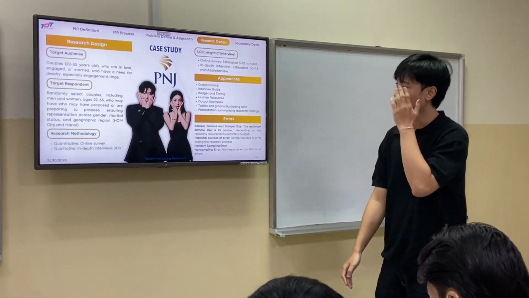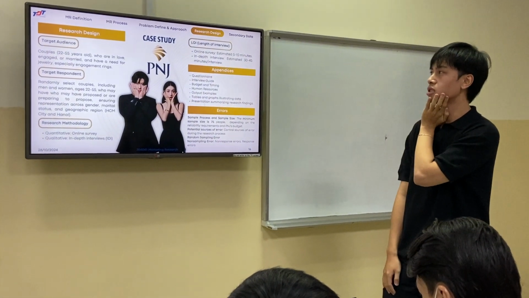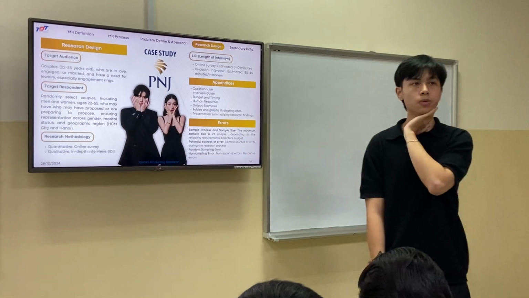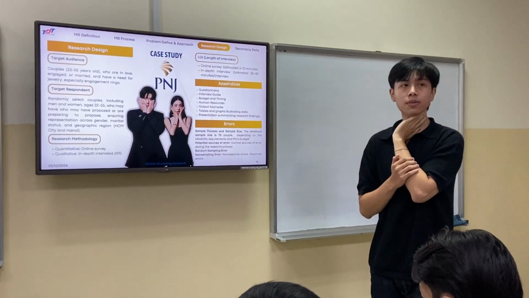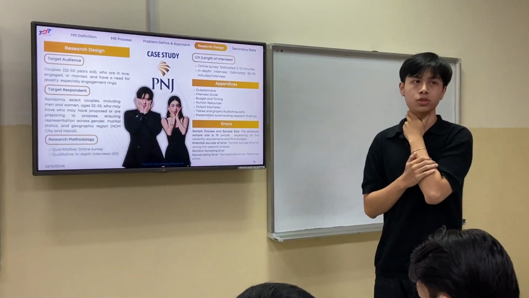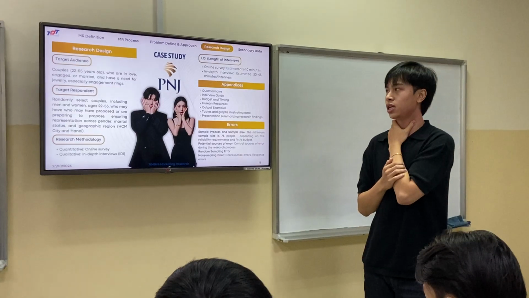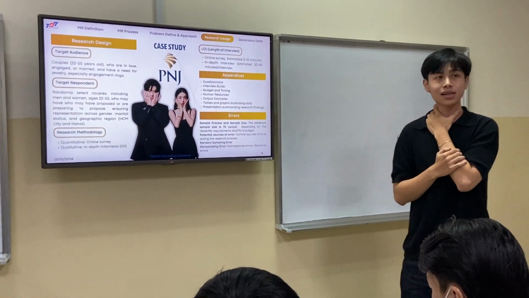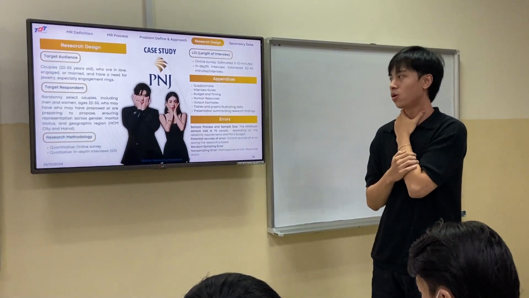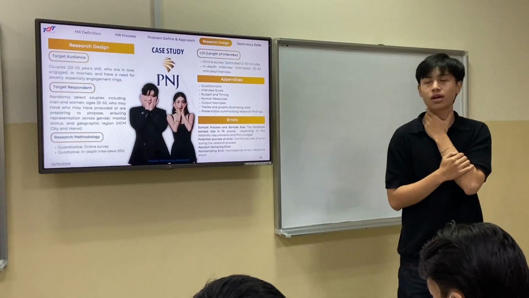Yes. Now turning to the case study of PNG. Our target audience is couples from 22 to 55 years old who are in love, engaged, or having a need of jewelry for their engagement or their wedding. And our respondents are the same, 22 to 55, randomly selected couples who need jewelry for proposing and preparing for their wedding.